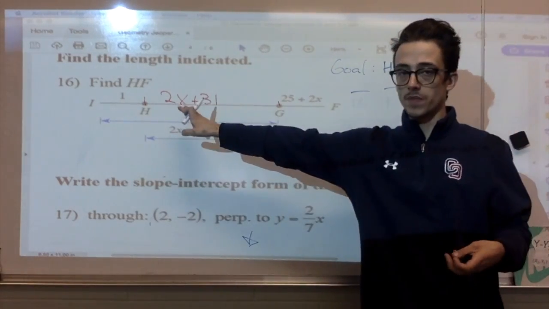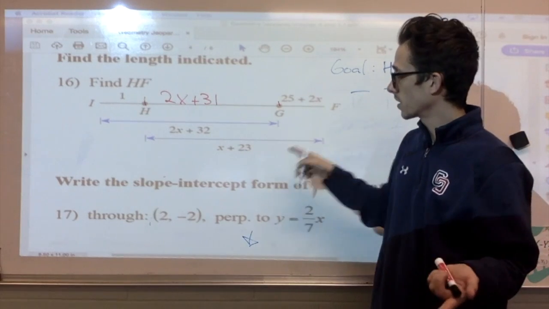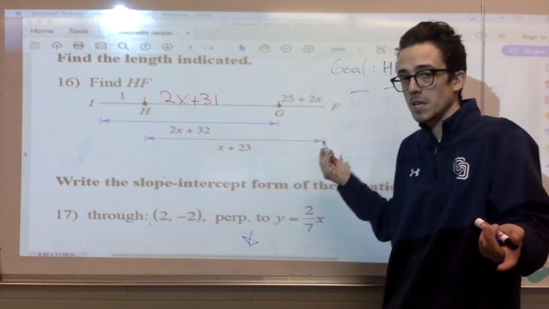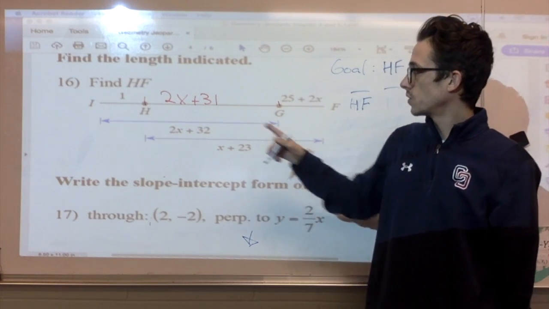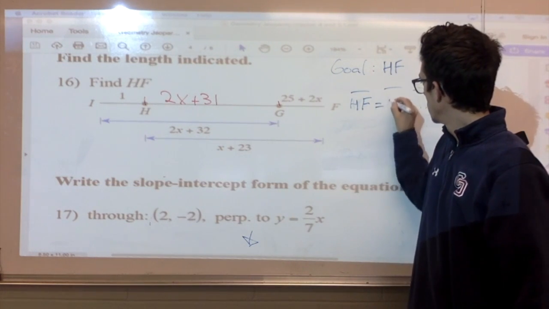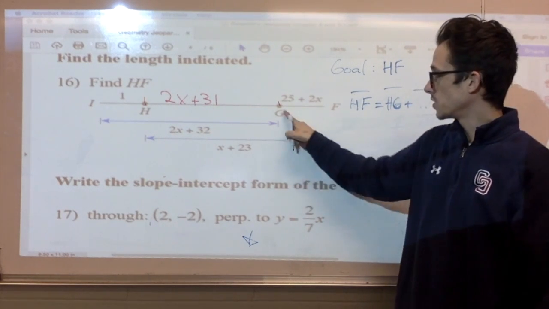So if we focus on this right side now, I know that HF has a lot of information with it, because it's mentioned here. I know it could be x plus 23. So HF is equal to HG plus GF.